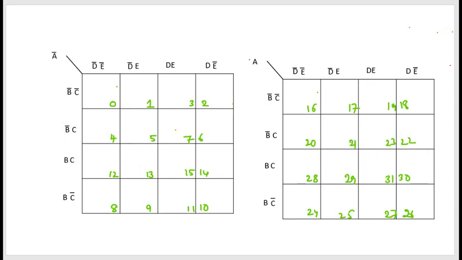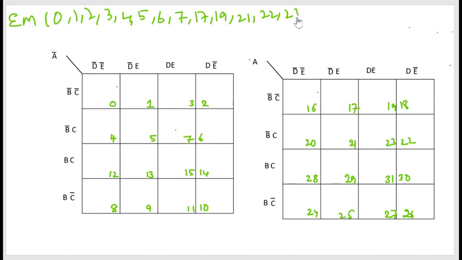Now let us take one more example. Sigma m 0, 1, 2, 3, 4, 5, 6, 7, then 17, 19, 21, 22, 23, 25, 27, 29, 30, 31. So these are the minterms for which output is 1.